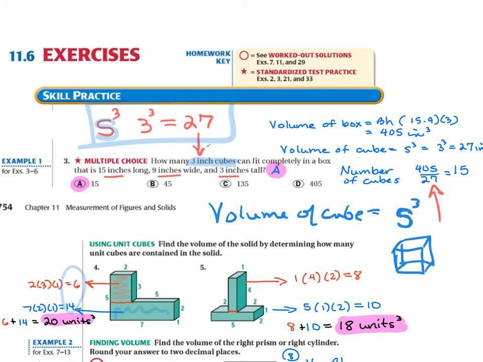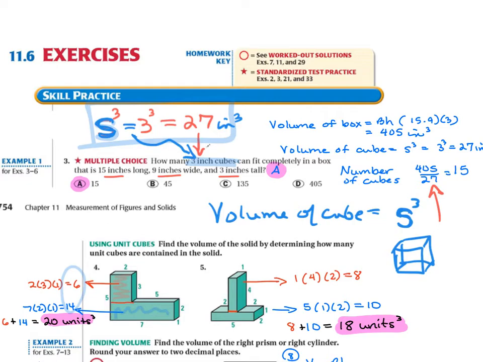Oh, okay. So it's just side to the third power, and the side length was 3. So I just did 3 to the third power. So I knew each cube was 27 inches cubed. And I had to figure out how many of these cubes would fit into the box. Does that make sense? Yeah.